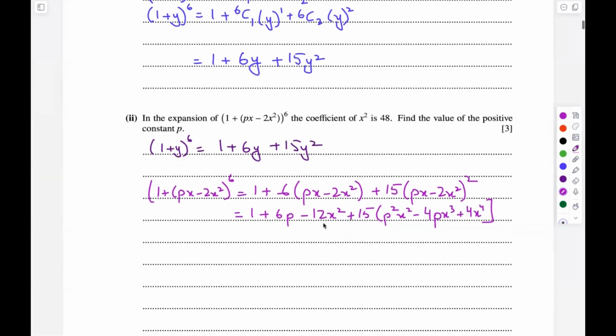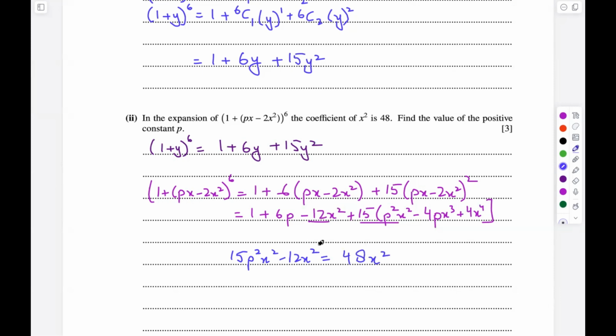Now, as we just need the terms in x squared, we'll take -12x squared and +15p squared x squared. So we can write this as 15p squared x squared - 12x squared, and that will be equal to 48x squared.